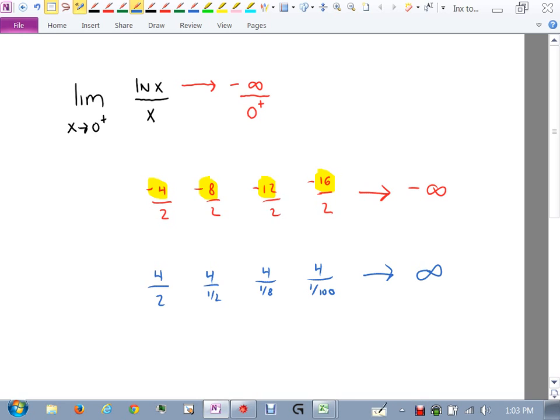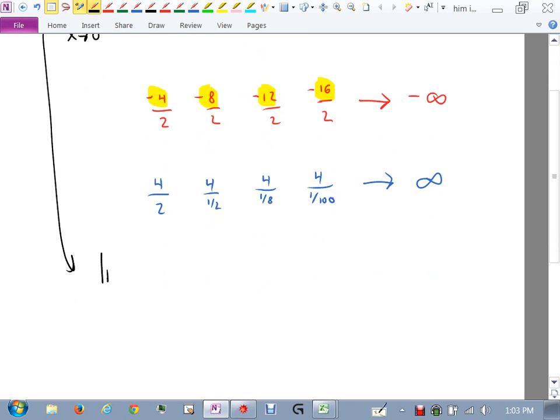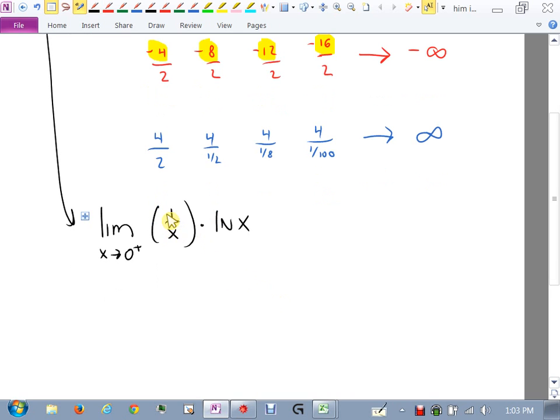So there's really not any work that you could do here. If you like, see if there's another way I could write that. Another way you could maybe reason this out is like this. Just rewrite that problem as 1 over x times natural log of x, which is the same as natural log of x over x, right? Now, what happens to 1 over x as you go to 0?